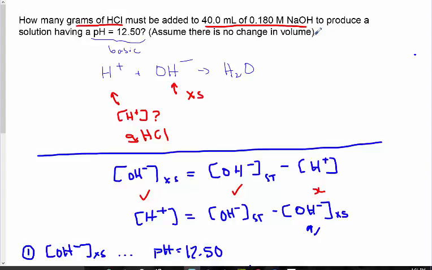So you have to be a little bit careful sometimes with the amount of information that we're given and what we really need for every specific calculation. Here, because I have a concentration of sodium hydroxide given to me, and there's no further dilution, I don't need to perform any dilution calculation, and I don't need to use that volume. Not for this anyways. So I have 0.180 moles per liter of sodium hydroxide.